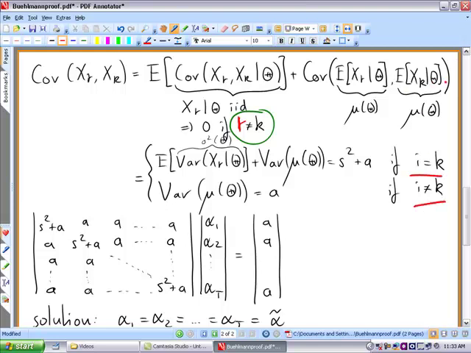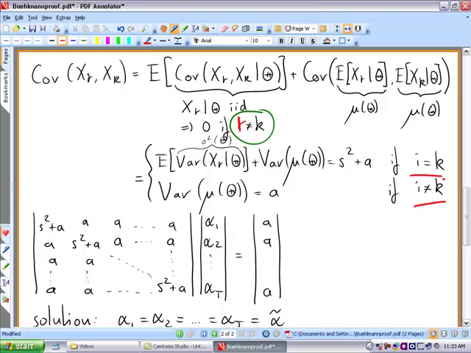If t is equal to k, you have the covariance of xt with xt given theta. So that's the variance of x given theta, which is by definition sigma square of theta, plus the variance of mu of theta. By definition, these are our parameters s square and a.